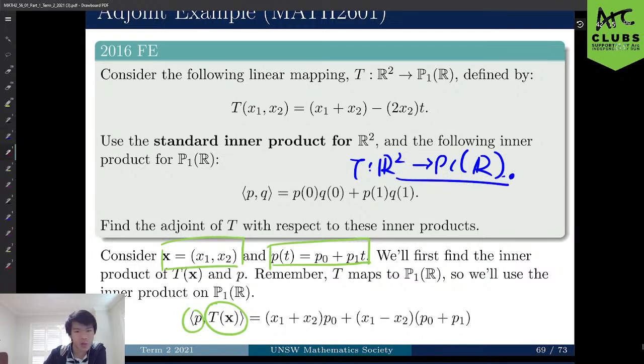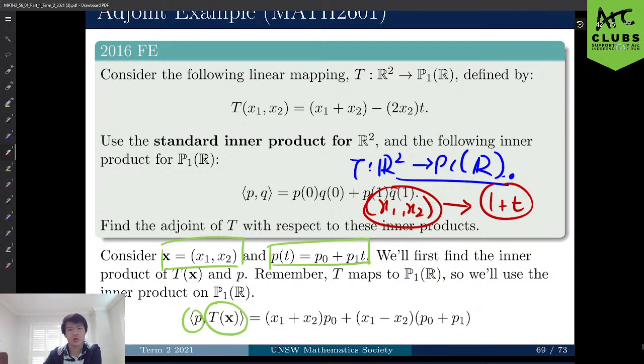Right, so the idea is it maps some elements x1, x2, and then maps it to a polynomial. Right, so that means that when we do calculate this expression, P and T of X, they're both going to be polynomials.